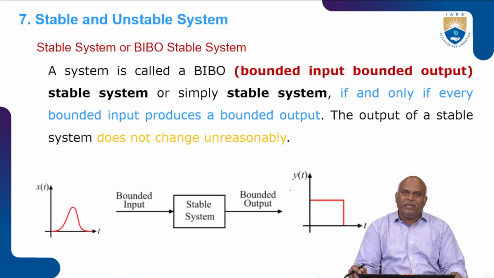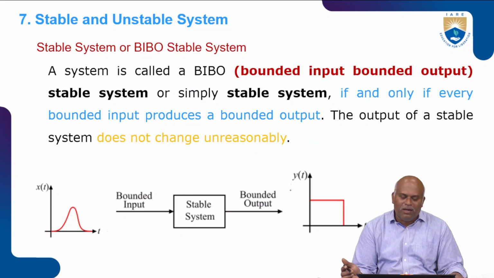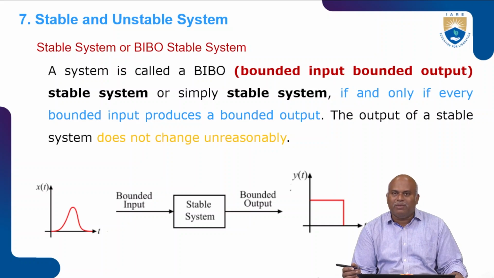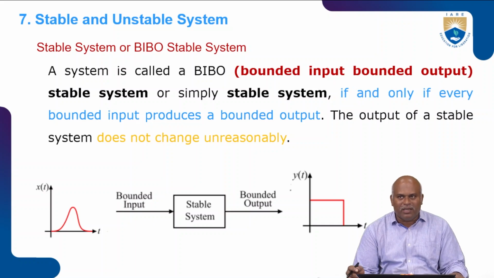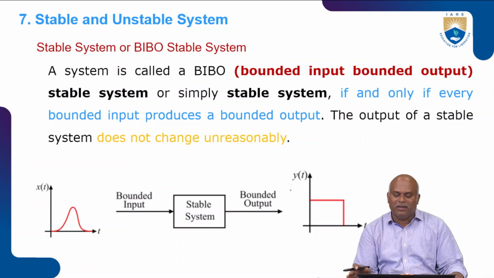Next, we go to stable and unstable systems. First, the stable or BIBO stable system. BIBO means bounded input and bounded output. If the system takes a bounded input and the output is also bounded, then the system is called a stable system.